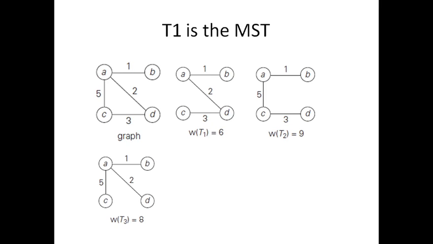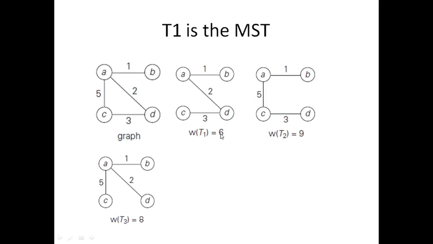The second subgraph is producing the lowest sum, because 3 to 1, which results in 6, whereas the other two, though they are spanning trees, are not the minimum one. So this is an example of a minimum spanning tree. We have eliminated the cycle, and still ensured that every vertex is connected with every other vertex, and also the overall cost of the sum of the edges is minimum.